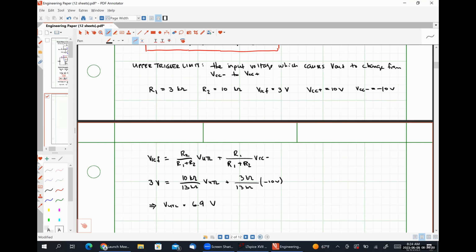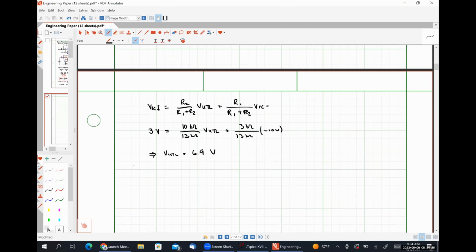So now let's define our lower trigger limit. Once again, this will be the input voltage which causes Vout to change.